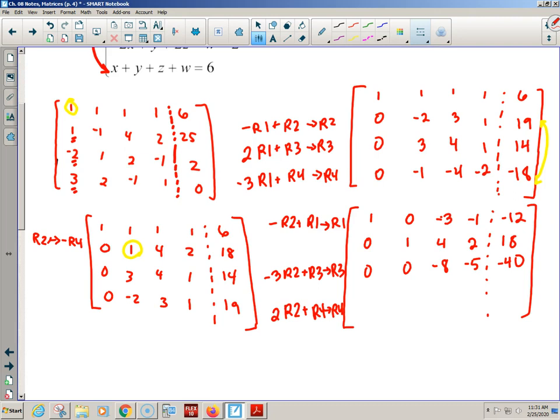Negative 54 plus 14, I believe, is negative 40. 2 times 0 plus 0, 2 times 1 minus 2. 36 plus 19 is 46. I believe it's 55. Double check.